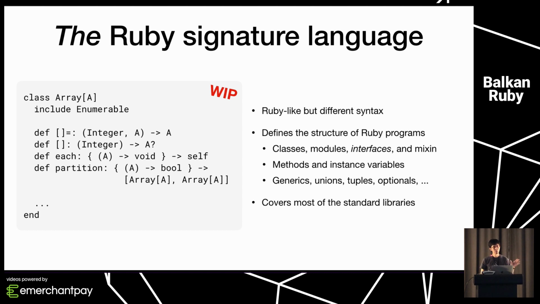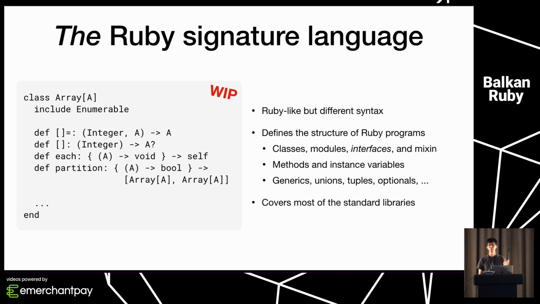An interface is an abstract type. It doesn't appear in Ruby classes, but we need it to describe some method types. And you see the include at the first line of the Array class definition, so we write include, prepend, and extend.